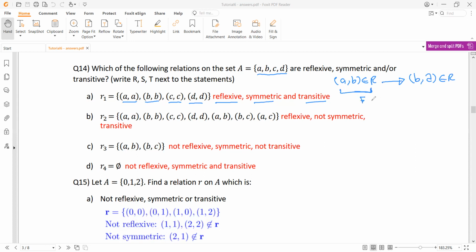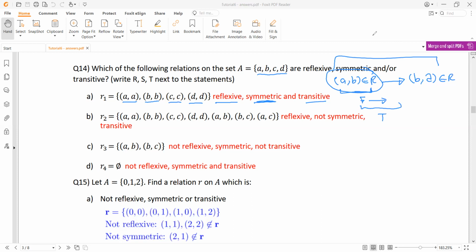If the left side is false, the implication is true, which means this is symmetric. As I said in the lecture, if you fail to find the condition of the implication, the implication is true. It's not violated.